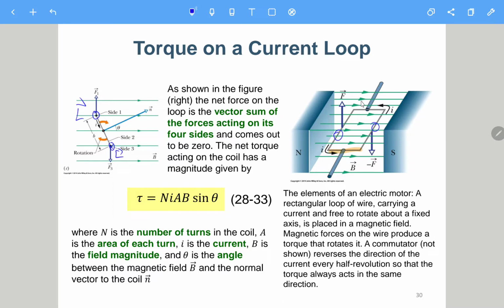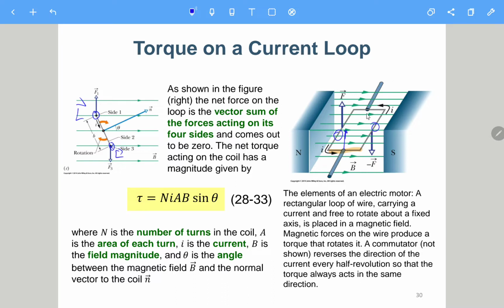And then how about F2 and F4? For this one, L is in this direction, and there will be no force acting on it along this axis, because even though you have some current going, for example, in this way, L pointing from top left to the bottom right and then cross B, it will just be a normal force, so it will not make this loop rotate along this axis.